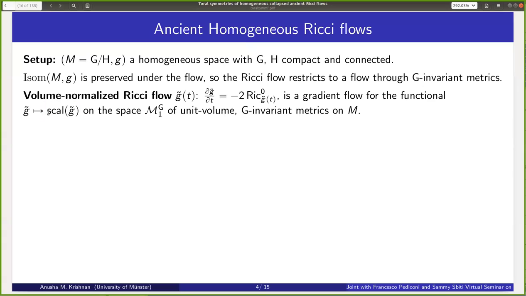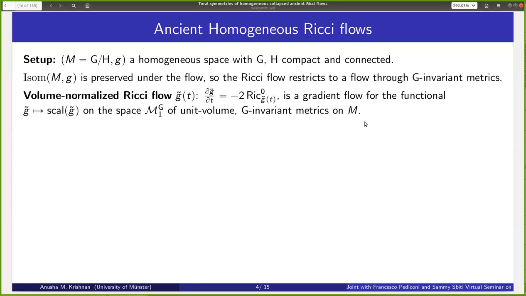So this is a functional defined on this space, fancy M sub G sub 1, which denotes the space of unit volume G invariant metrics on the manifold. Okay, so in the homogeneous setting, this is a finite dimensional space, and the volume normalized Ricci flow is a gradient flow on this space.